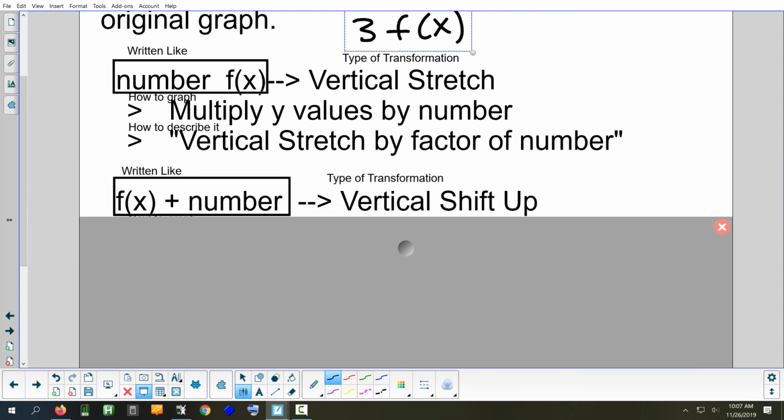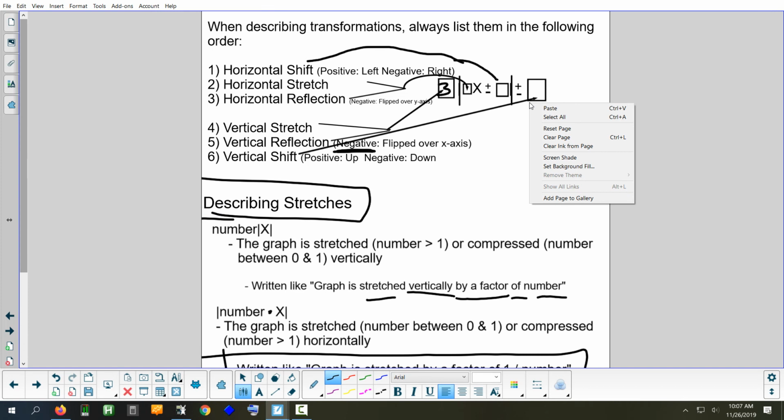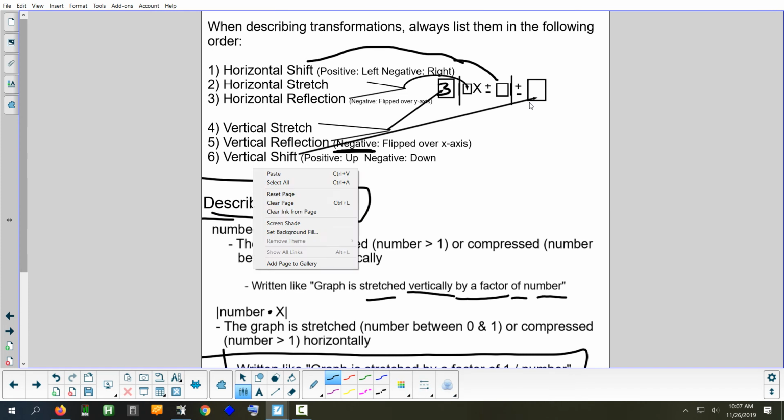Thank you. Okay, the next one is when you have something plus a number at the end. Okay? Like this. A function plus a number at the end. Look what we said yesterday. When you plus a number at the end, that's a vertical shift.